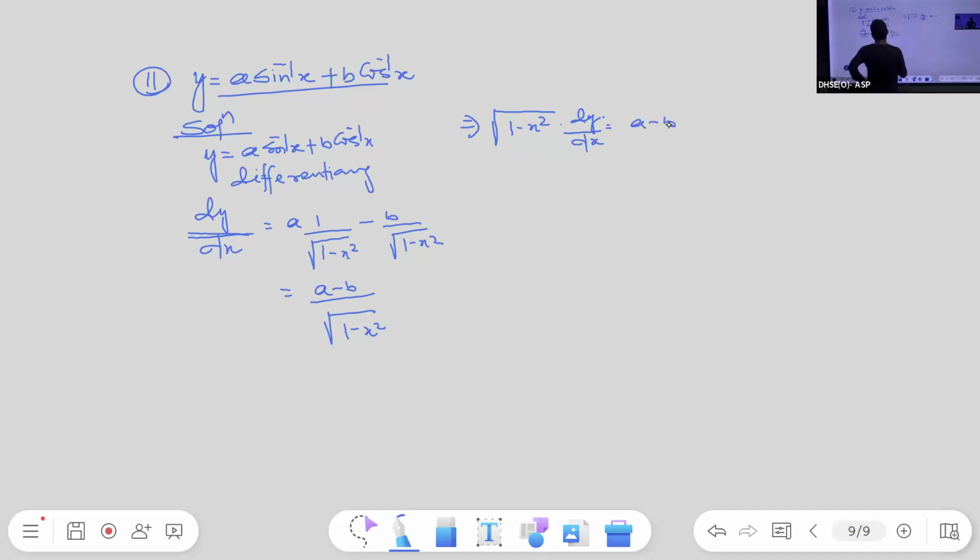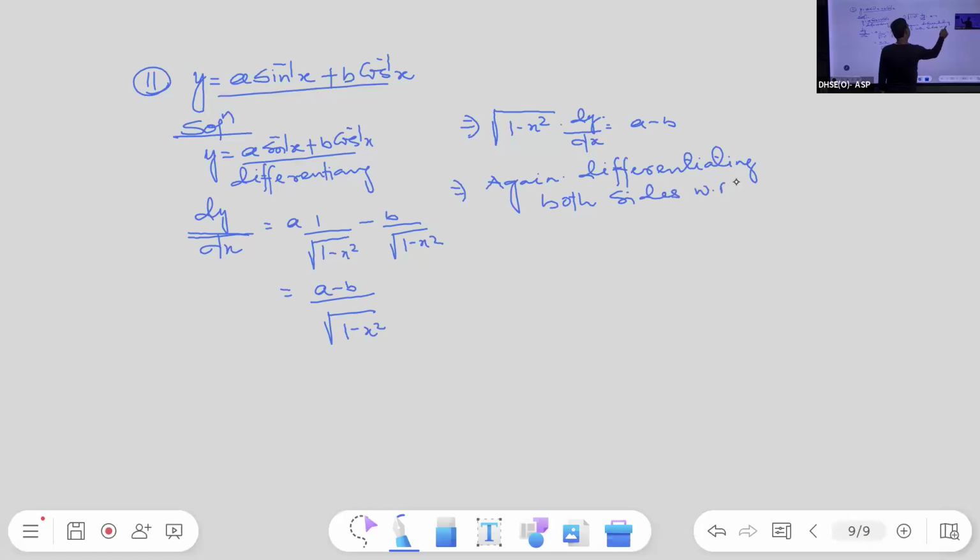Okay. As this solution contains two distinct arbitrary constants, we can differentiate the solution a maximum of 2 times. So again differentiating both sides with respect to x.